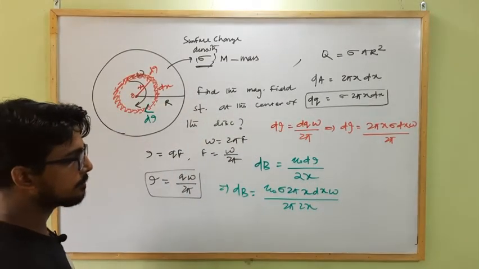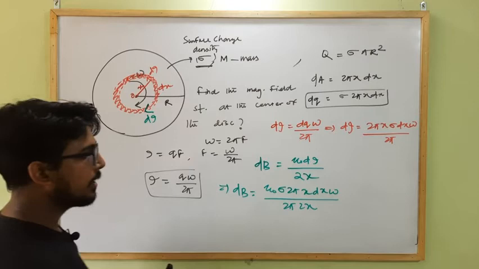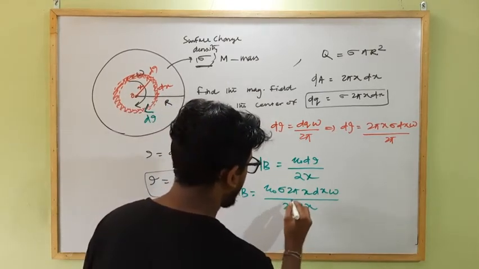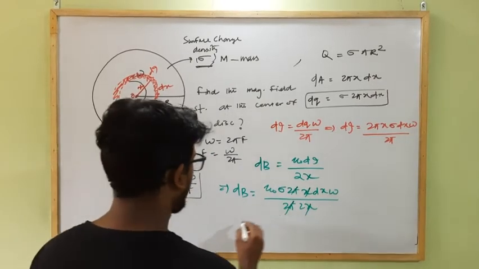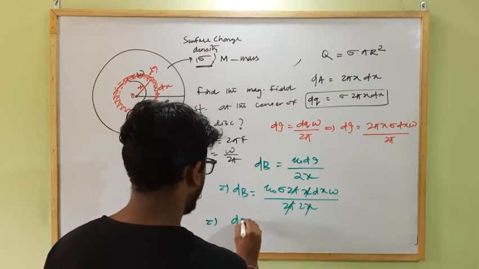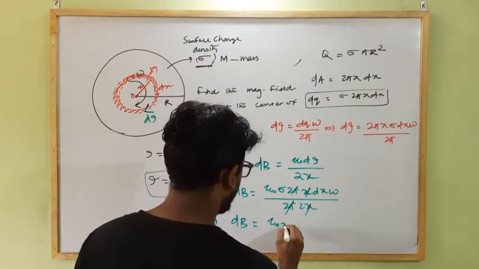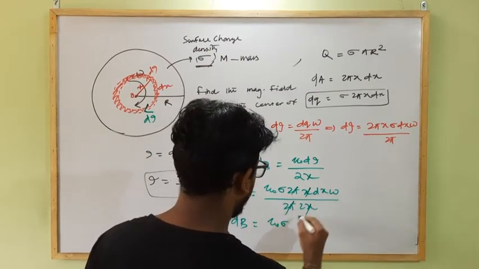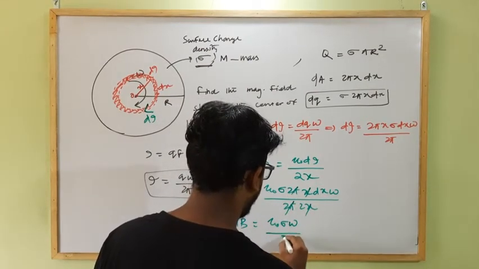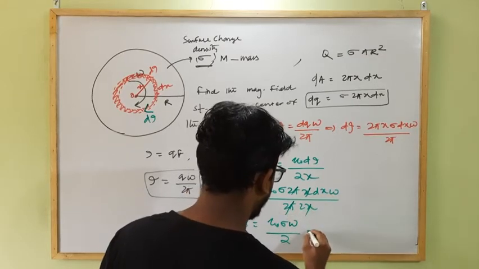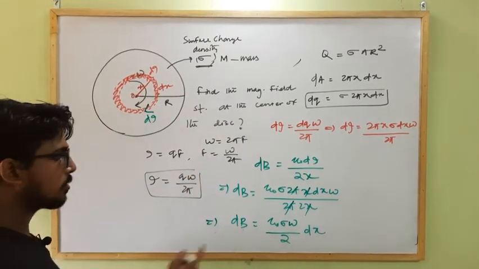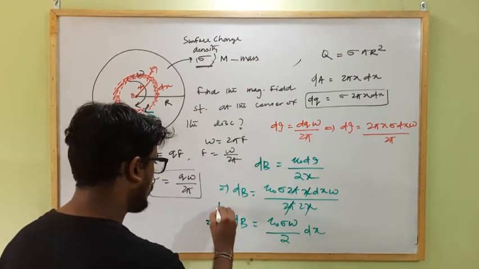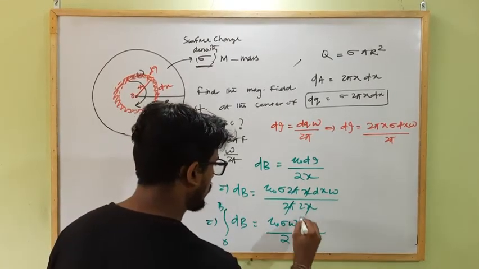Clear? Okay, from this 2 pi will get cancelled, x will get cancelled, so dB equals mu naught sigma omega by 2 into dx. Clear? So now the total magnetic field is obtained by integrating, with x varied from 0 to R.